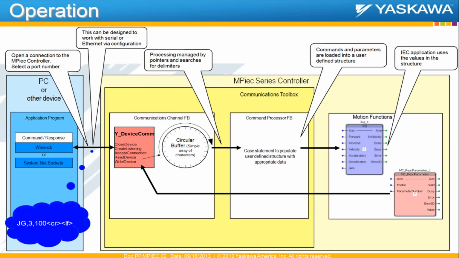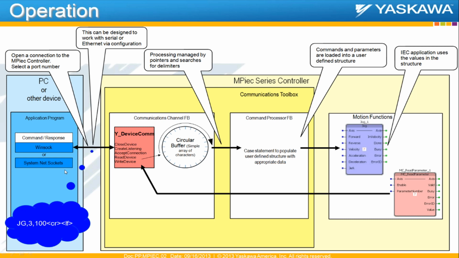So here's a block diagram to emphasize that point. Let's say at the left side we have a PC or other device, and using some application program, we can use these tools that are part of that programming language that was used. It could be WinSock, it could be System.Net.Sockets if you're using Visual Studio or C or C#.